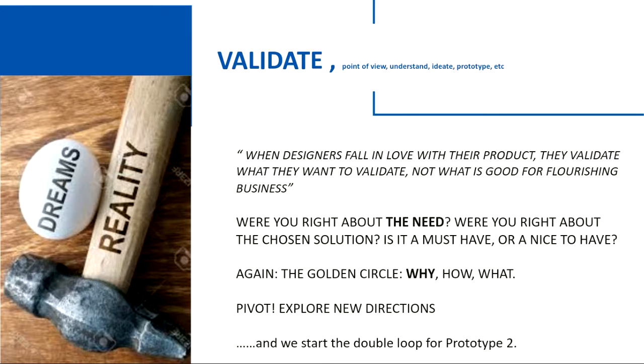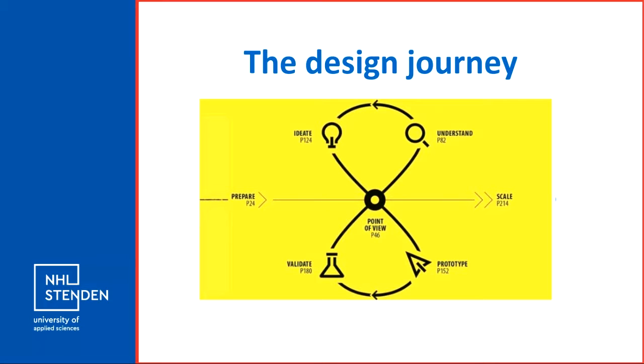After that, you validate. So that will be after Friday next week, because first you hand in the prototype and then you go on with validating what you made, how to improve it, what were your mistakes, etc. The design journey is going on, so it is an ongoing process.